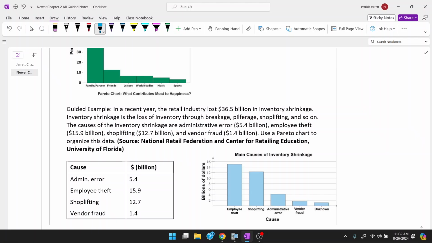Here's the thing. Those of you that have worked retail can answer this question. Why is employee theft more than shoplifting? Well, more access to reporting. You can document employee theft much easier than you can shoplifting.